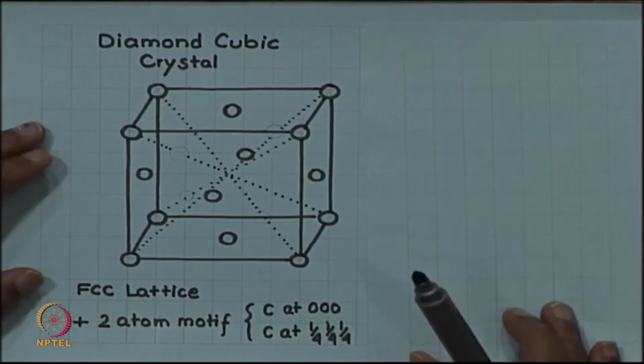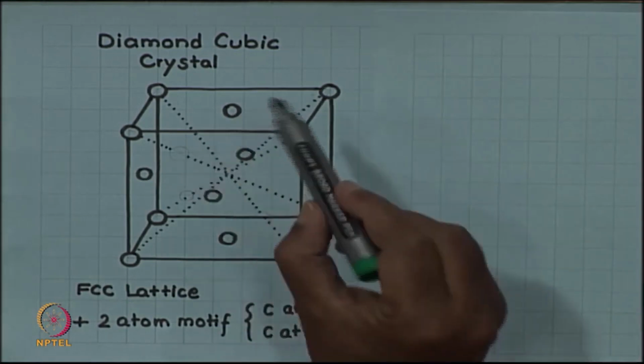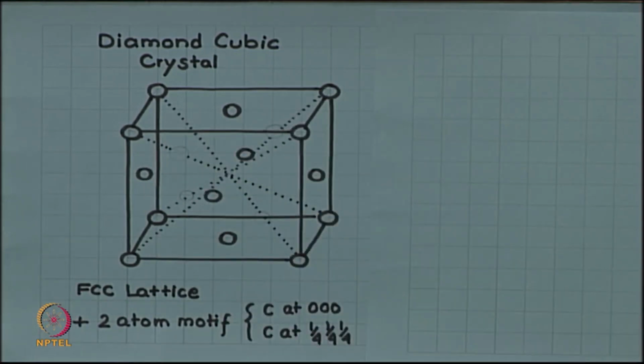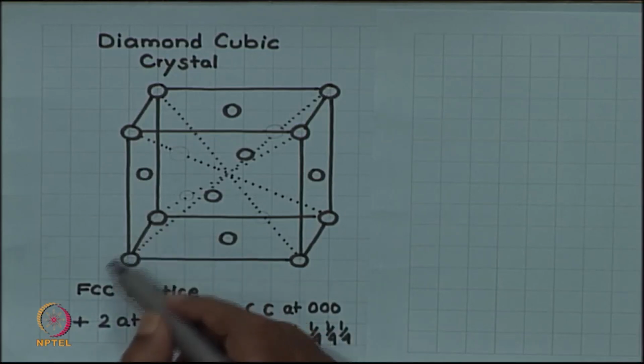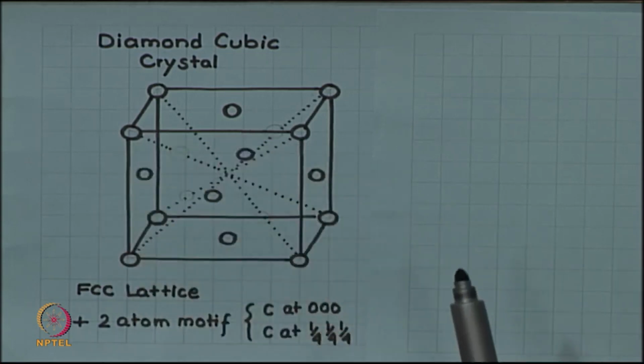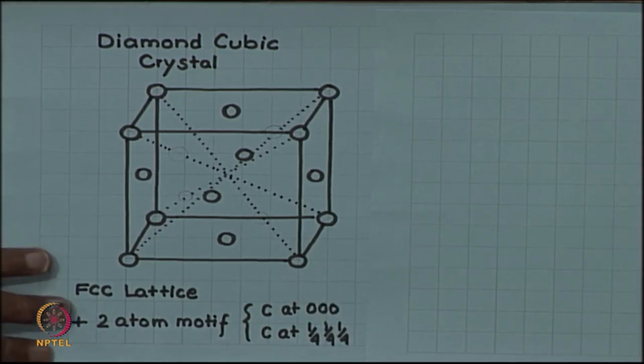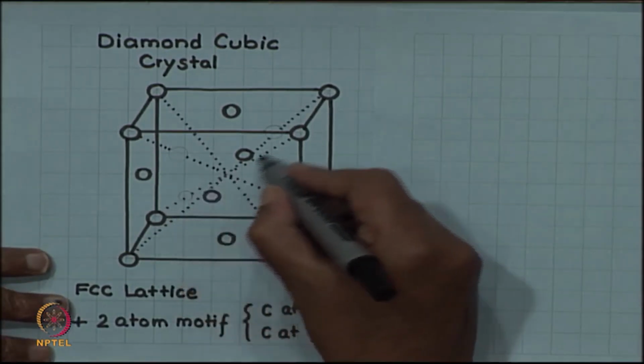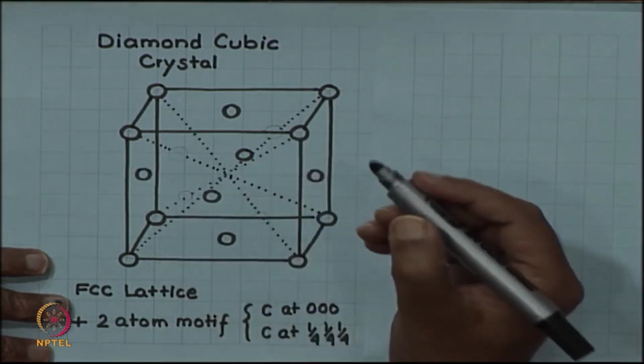What kind of a structure is this? So, let us look at this. This structure can be related to the diamond cubic structure which we have studied before. The diamond cubic structure is an FCC lattice, but has a 2 atom motif. The carbon atoms are at the FCC lattice points, at the corners and face centers, but then there are 4 carbon atoms inside the unit cell, one each on the body diagonals.